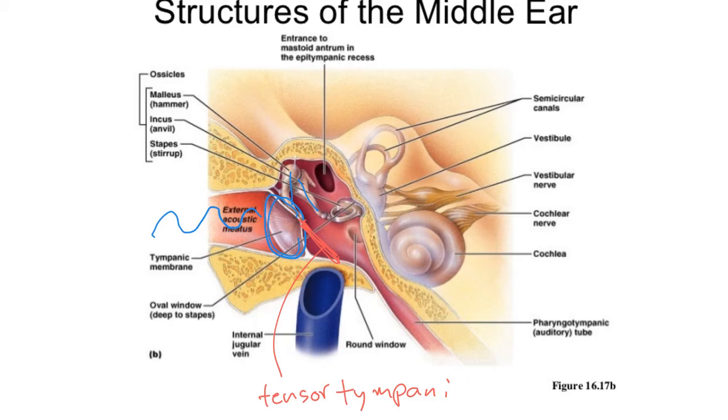Okay, and then there's another one that is on the stapes, and that's called the stapedius. Okay, so what happens is when the sound comes into your ear, it's amplified by the bones, and then the last bone, the stapes, butts up against the oval window, which then produces the sound up and down these canals.